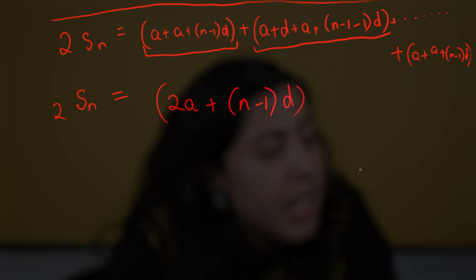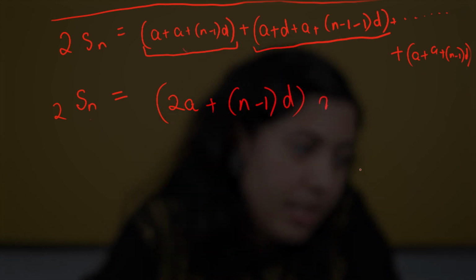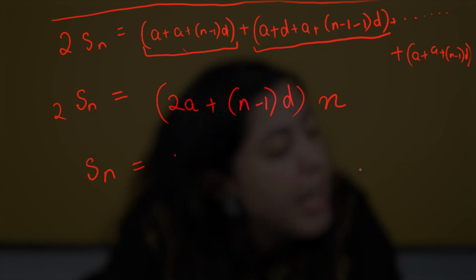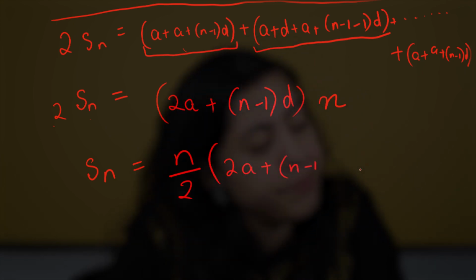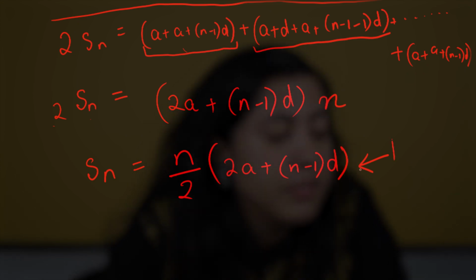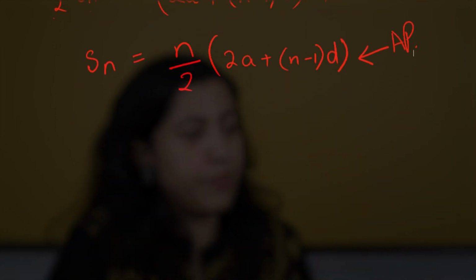Now we can see that these terms are repeated n times. That gives us the relation that the sum is equal to n by 2 times (2a plus (n minus 1) into d). This is for arithmetic progression.